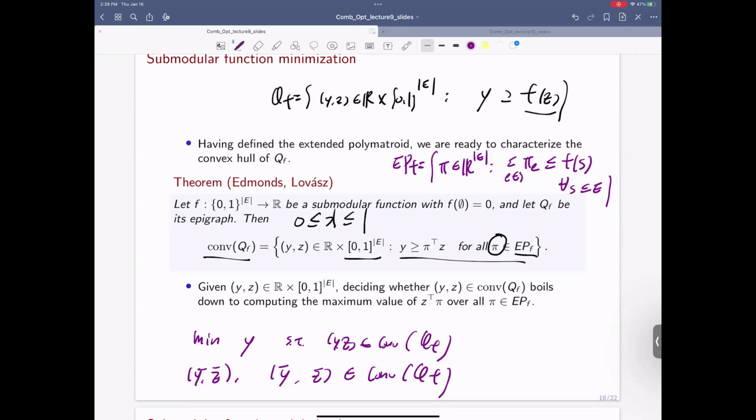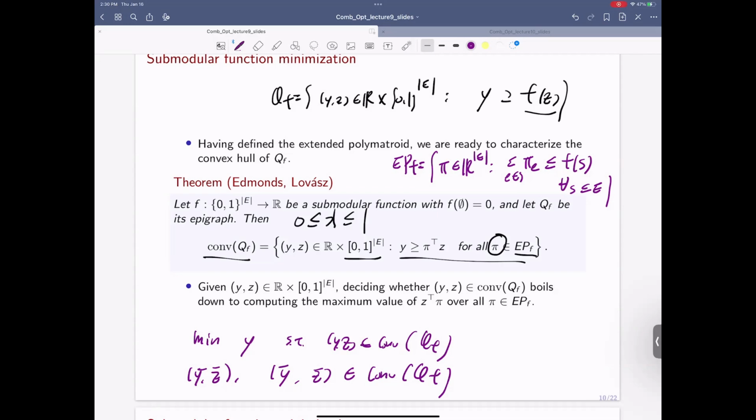Okay. Any questions? Again, I want to check whether the set of inequalities is satisfied. It boils down to computing the maximum value of pi transpose z. If it's less than or equal to y bar, then all inequalities are satisfied. If the maximum value goes above y bar, it means that at that pi, the corresponding inequality is violated. That's what I'm trying to explain.